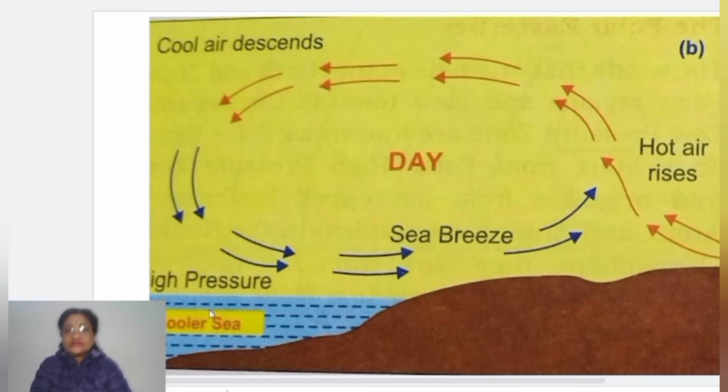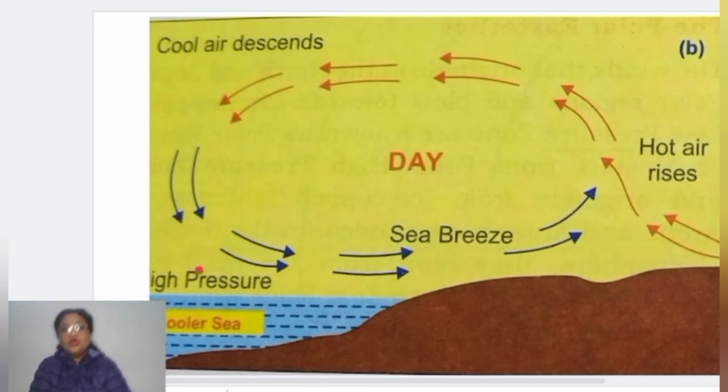Now what happens as a result of this variation in temperature? Over the land, if the temperature is high, the pressure is going to be low. Same way over the sea or the ocean body, because the temperature is a little less than the land area, the pressure will become high.